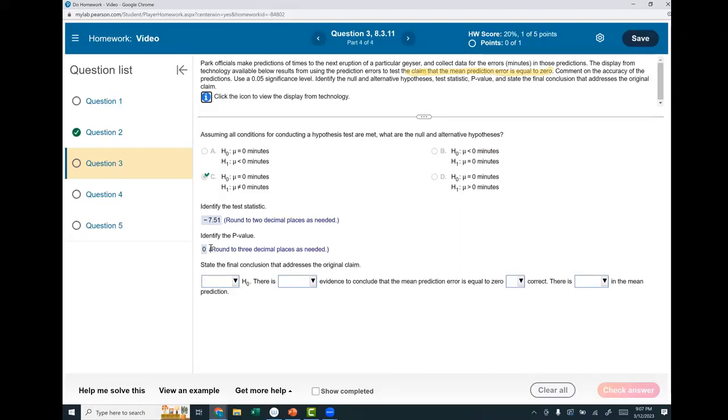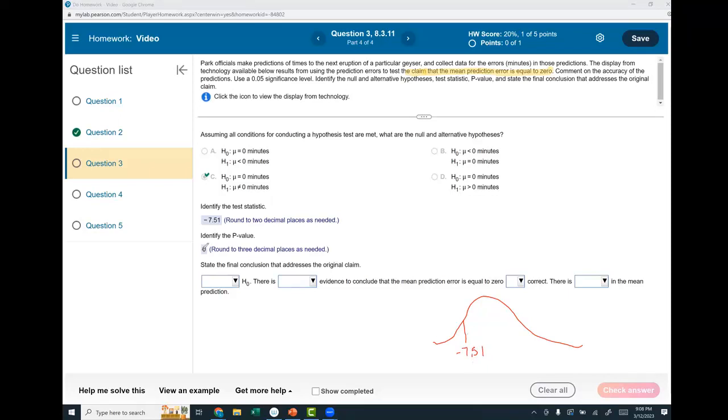So if our p-value is 0, if we were to draw a picture, we say that here's my test statistic, minus 7.51, and that goes with p.